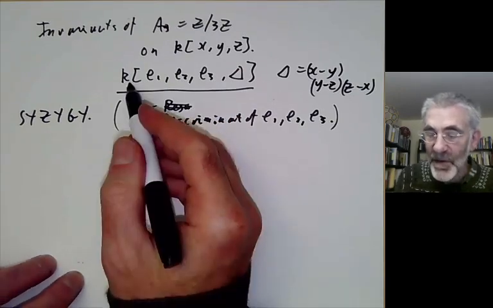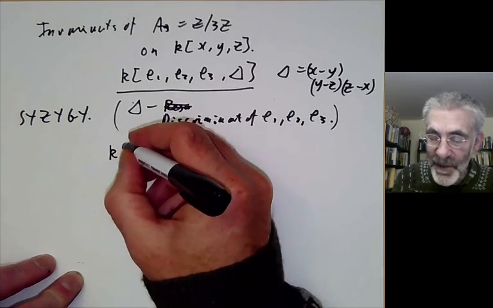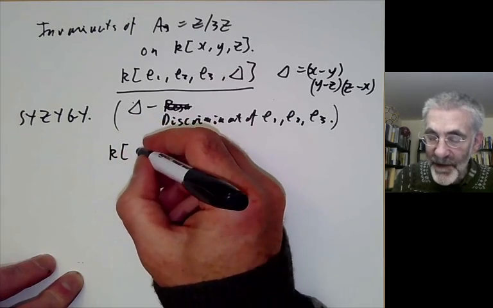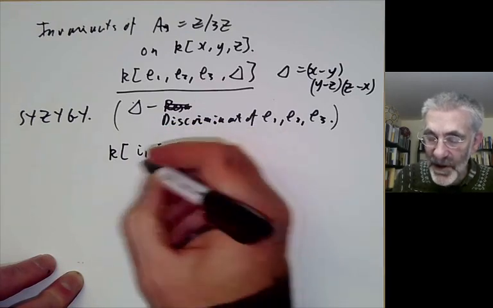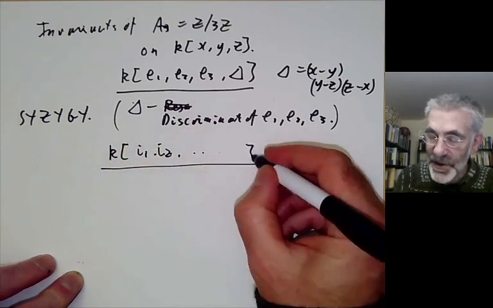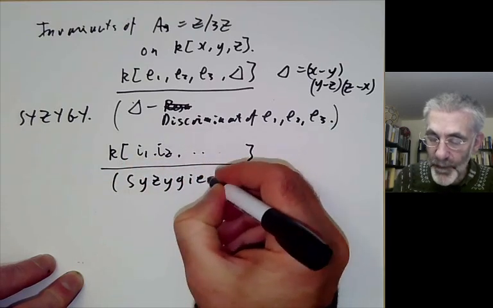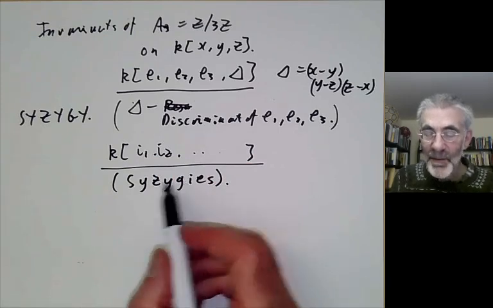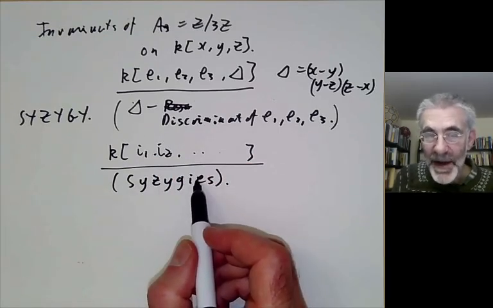In general, if you're trying to work out a ring of invariants, we know by Hilbert that the ring of invariants is going to be finitely generated by various invariants, I1, I2, and so on. But in general, we need to quotient out by various syzygies. And then things get more complicated because syzygies need not be independent.